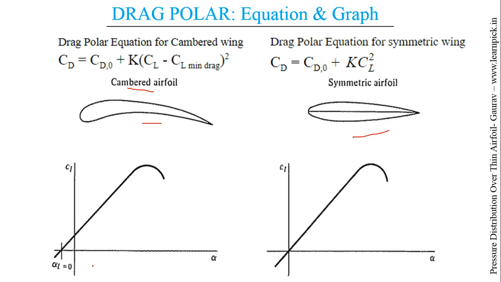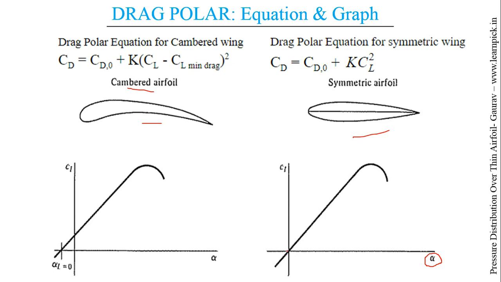In particular, I would like to mention that the zero lift angle of attack differs. This alpha is the indication of angle of attack, and the angle of attack at which the lift is zero is different for the symmetric case and the cambered case.